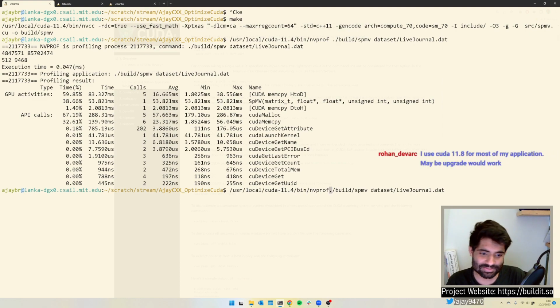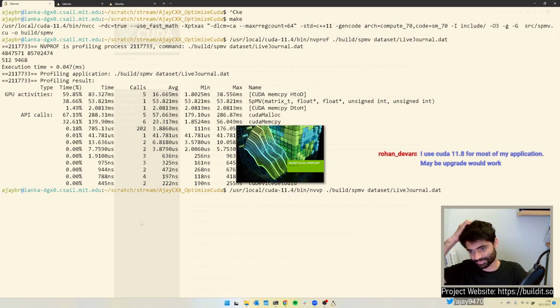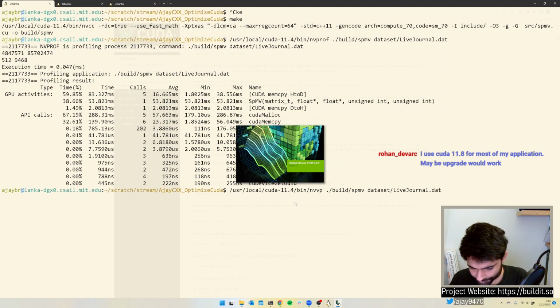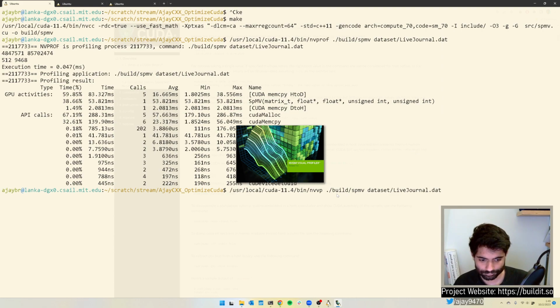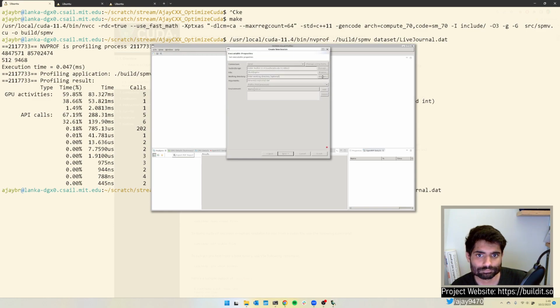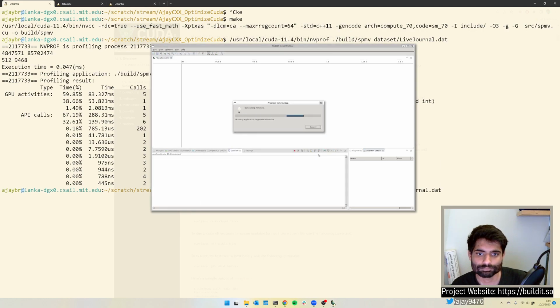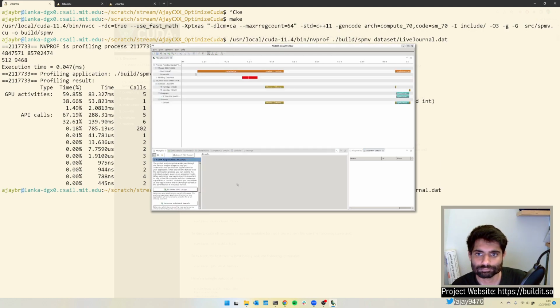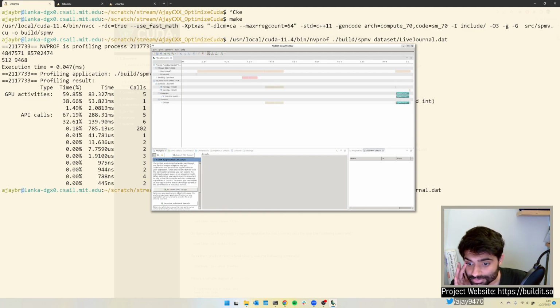Let's go back to the profiler and see what the profiler says about our code. We have those indirect accesses, by the way, which we have to work on. Okay, yeah, our kernel is running this time.